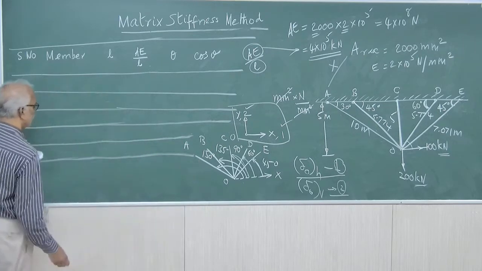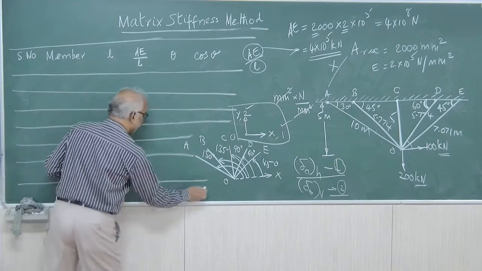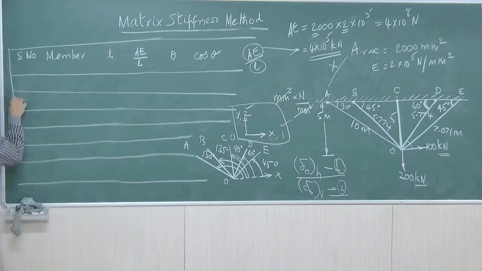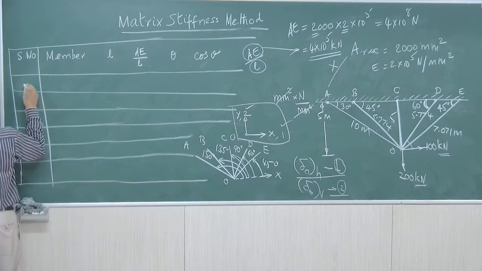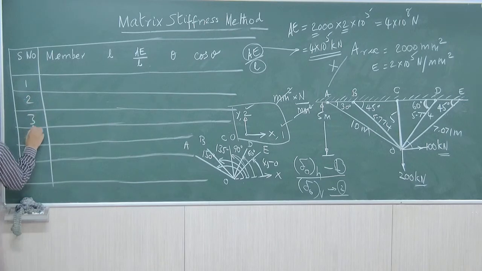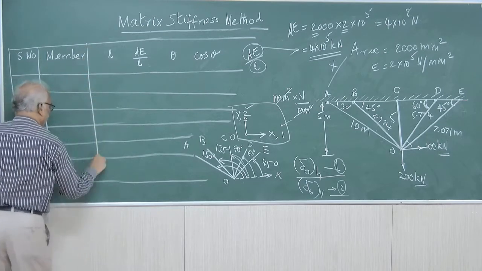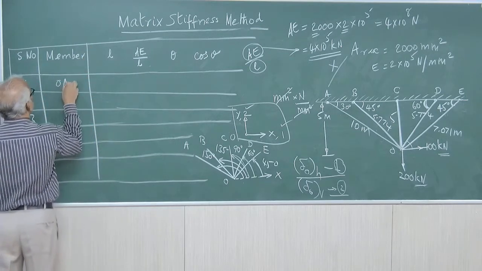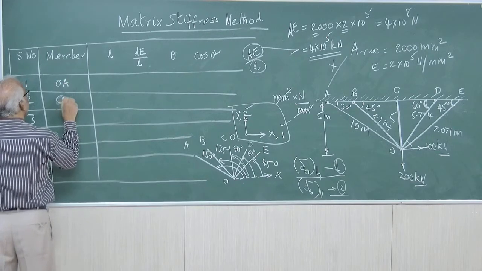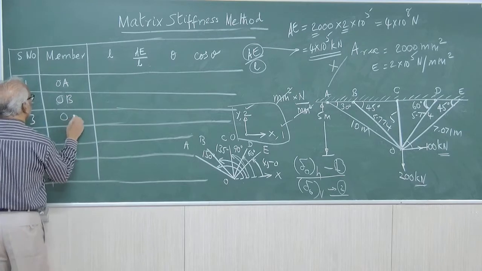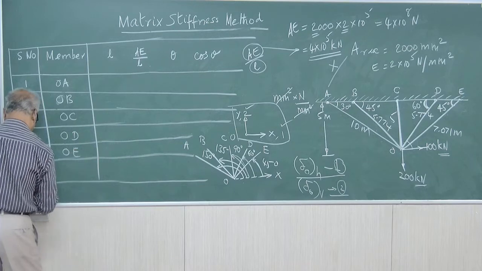It is not of uniform spacing. We have 5 members, 1, 2, 3, 4, 5. The members are OA, OB, OC, OD and OE.